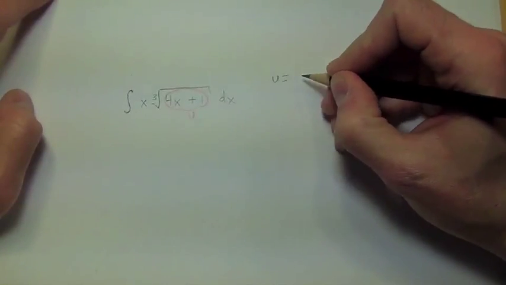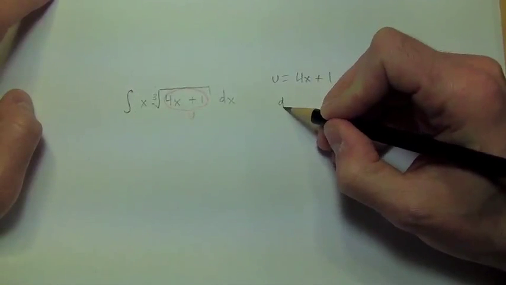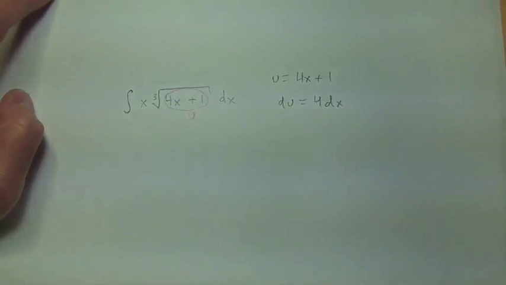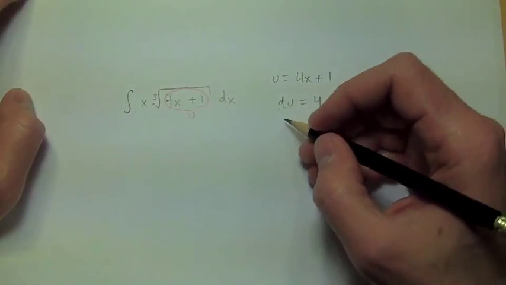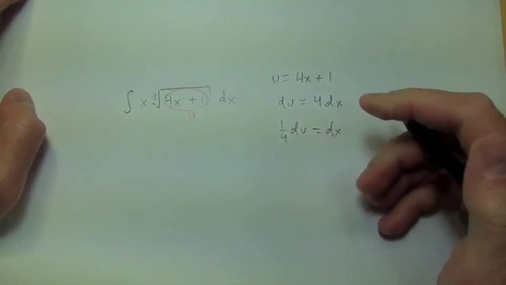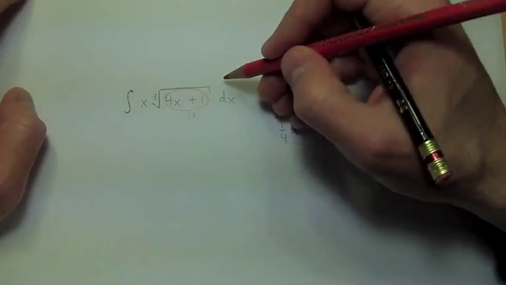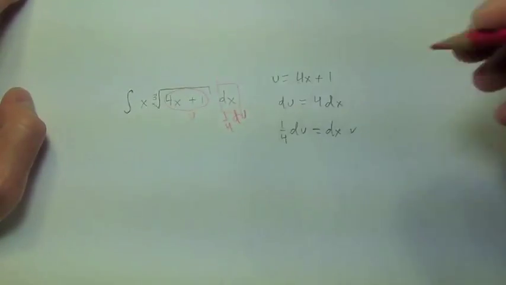So u is equal to 4x plus 1, giving me that du is 4 dx. Now again, I have just dx, so this will be 1/4 du is equal to dx. Beautiful. So this dx will be replaced with the 1/4 du.